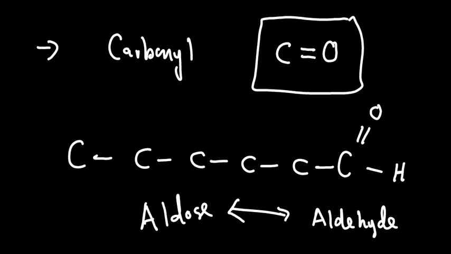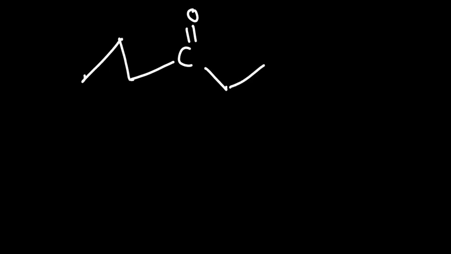Then if you have the carbonyl group, this here is a carbonyl group. This is what we call your carbonyl group when you have a carbon to oxygen double bond. If the carbonyl group is squeezed between two carbons, so there's a carbon here and there's a carbon here, this here is what you call a ketone.